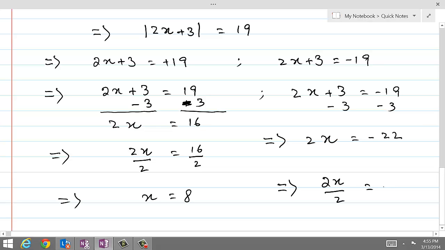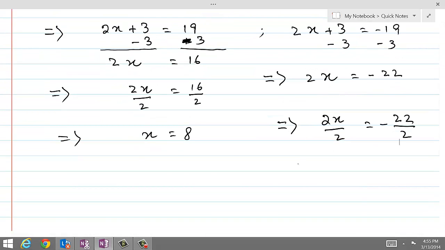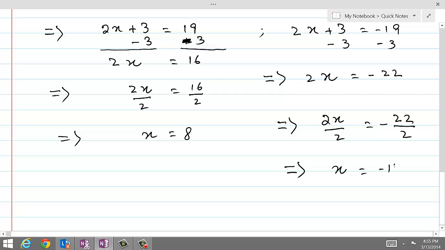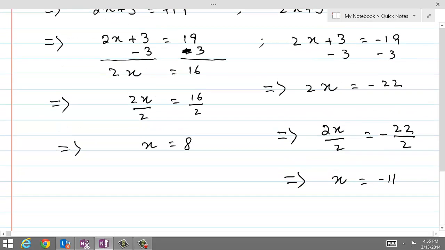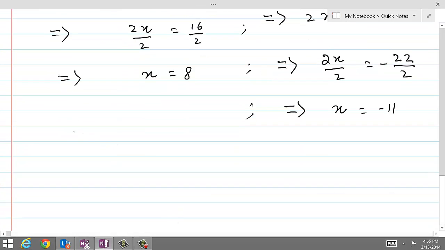This will be equal to minus 22 divided by 2, and this should give us x equal to minus 11. So here are the two values of x which could possibly satisfy the given equation, and now we are able to write the solution set. Solution set is equal to 8 and minus 11.